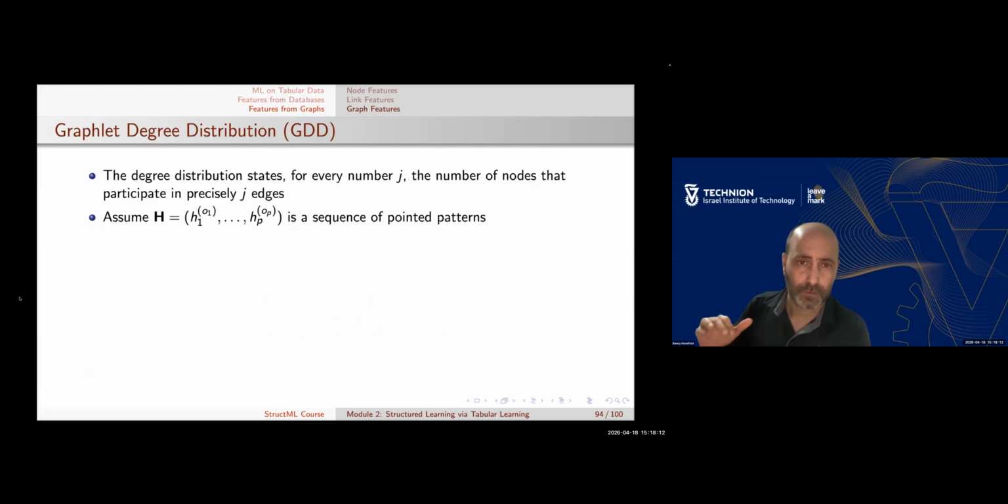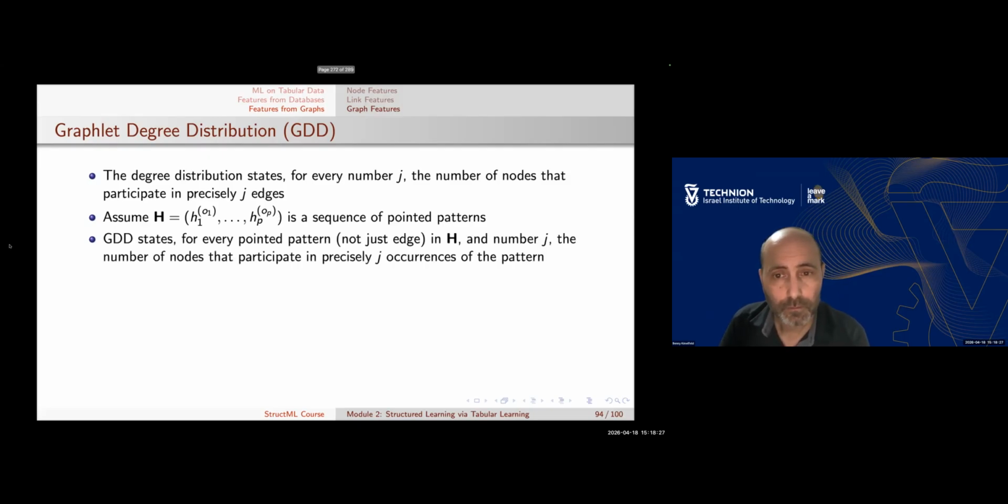Okay, so what does the degree distribution tell us? It tells us for every number j, how many nodes participate in precisely j edges. Now, instead of edges, we can have a list of patterns, for graphlets. And now, basically, we can produce for every pattern and number j, the number of nodes of G that participate in precisely j occurrences of the pattern.